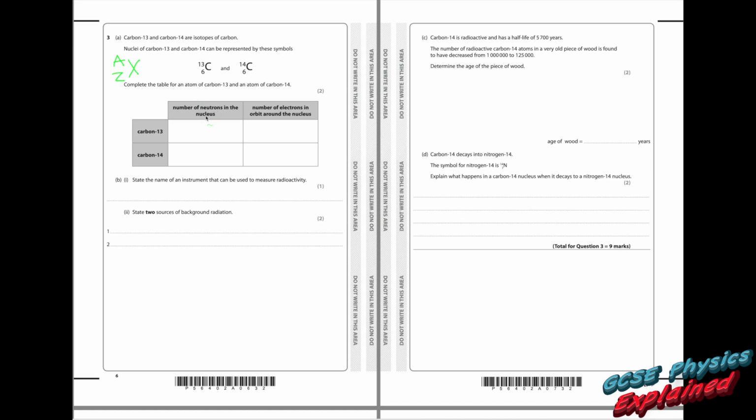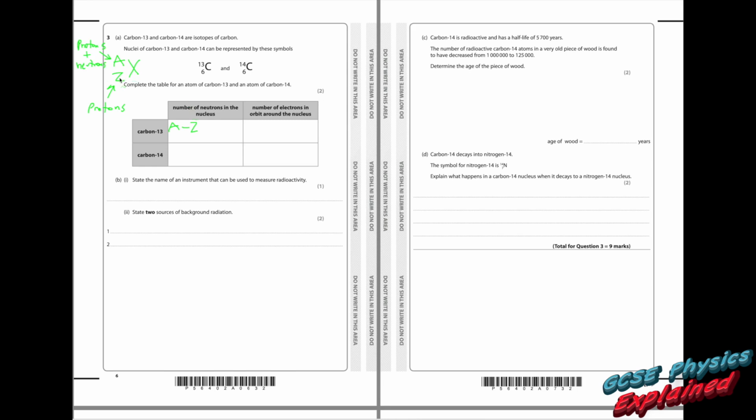So the number of neutrons in a nucleus, we get that by doing A take away Z. Remember, Z is the number of protons, and A is the number of protons added to the number of neutrons.